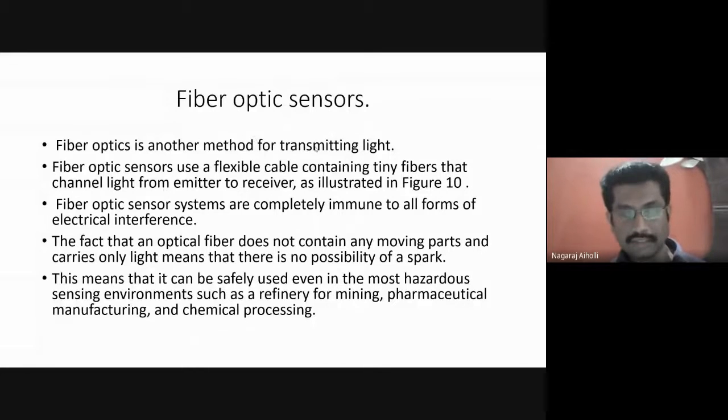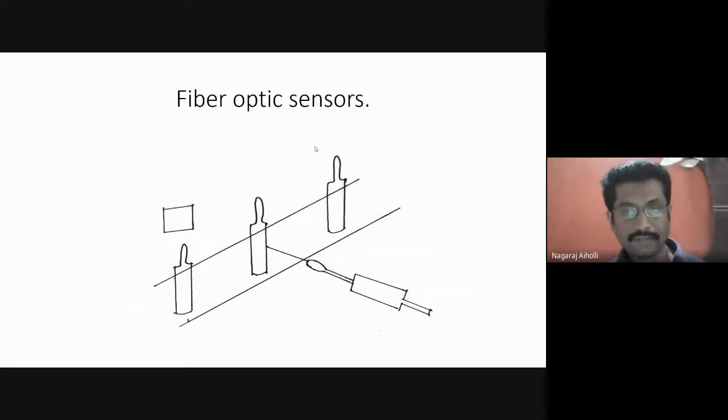This is shown in the next figure, the functioning of fiber optic sensors. This is a fiber optic sensor which is radiating the light energy. If the object is present, then it will identify that there is no light or less light incident on the receiver because of the presence of the object, and hence it identifies presence of the object.